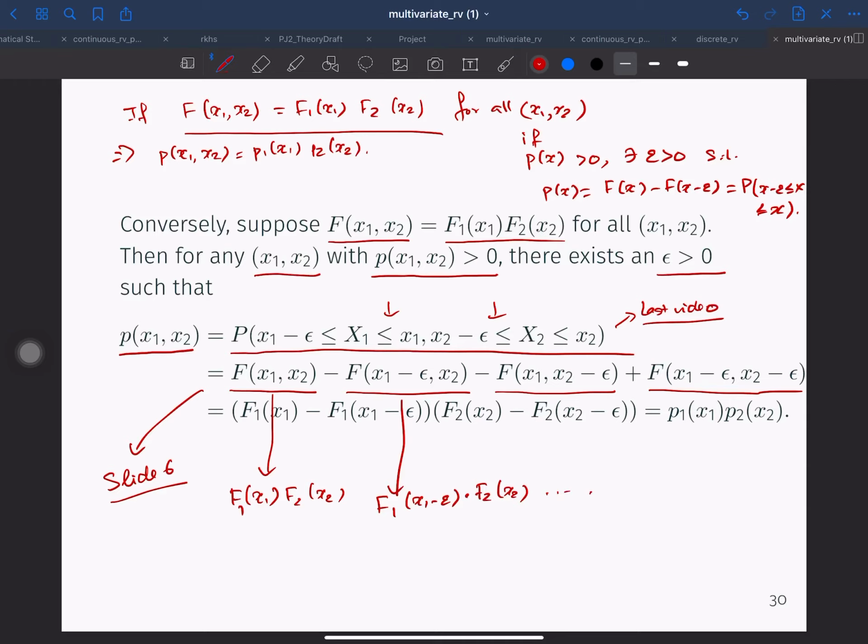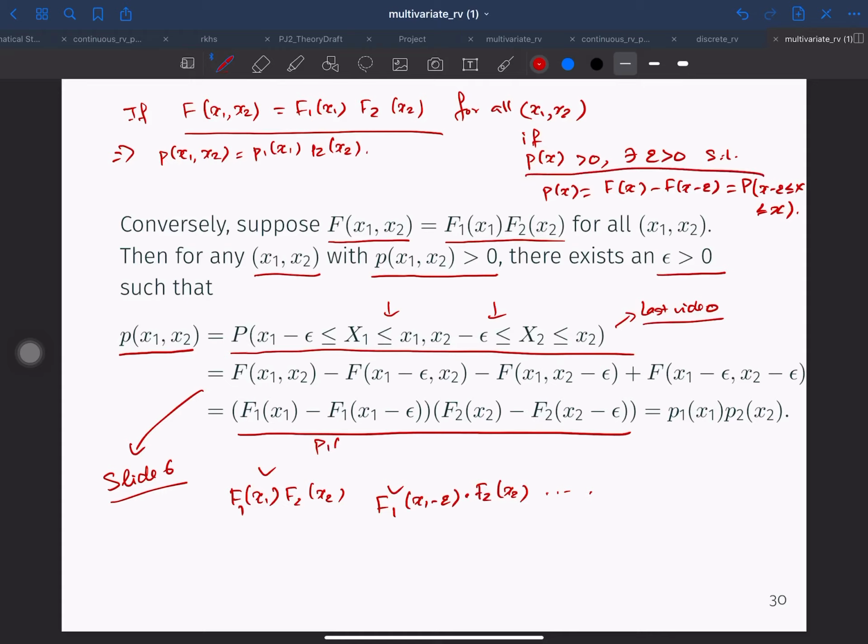And so by expanding out the product, let's just erase this so we can see clearer, you get that this is equivalent to this product difference by multiplying out the terms. But this difference here, by the univariate case, is just P1 of x1. This is P2 of x2. And the key reason why this condition is true is just because our random variable is discrete.